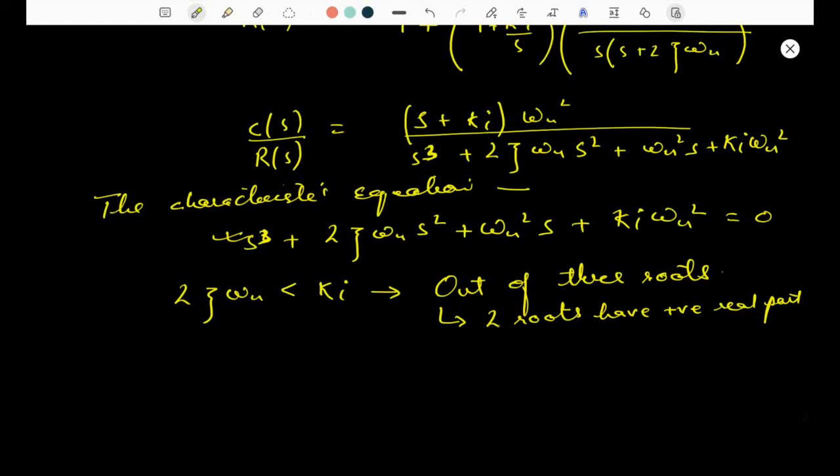If any root has a positive real part, as we have already discussed, then that system is unstable.